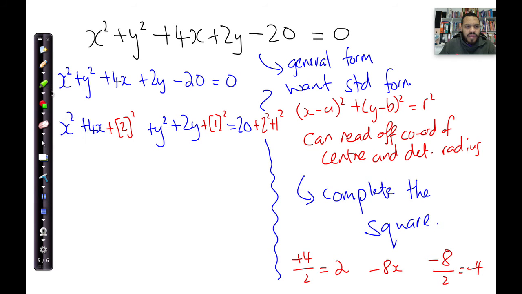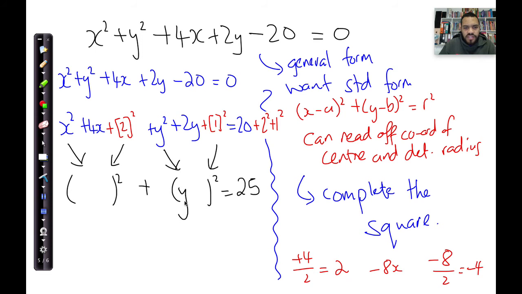We take the square root of that and the square root of that, and we put it there. And similarly, the square root of this term and the square root of that term. Then I can add all of this up. 2 squared is 4, 1 squared is 1, so 4 plus 1 is 5, and 20 plus 5 gives me 25.